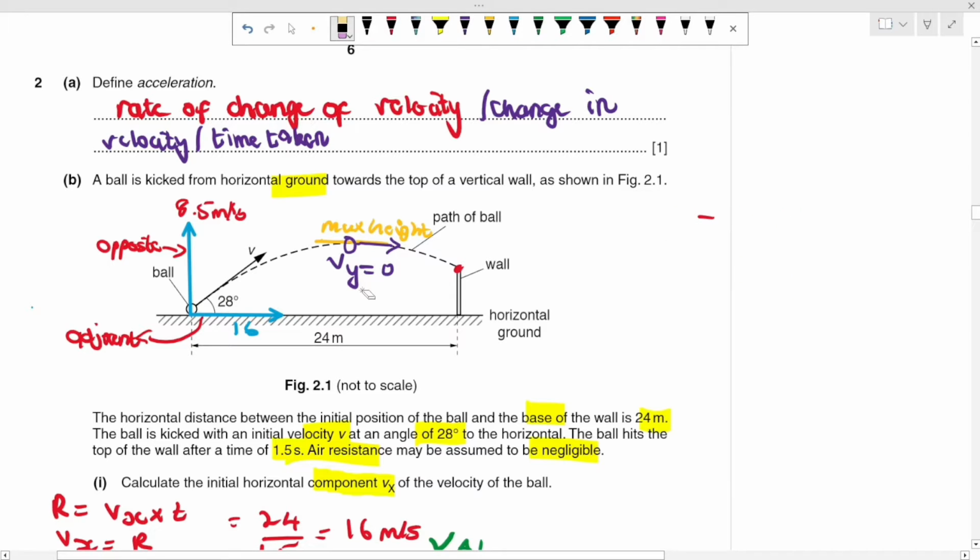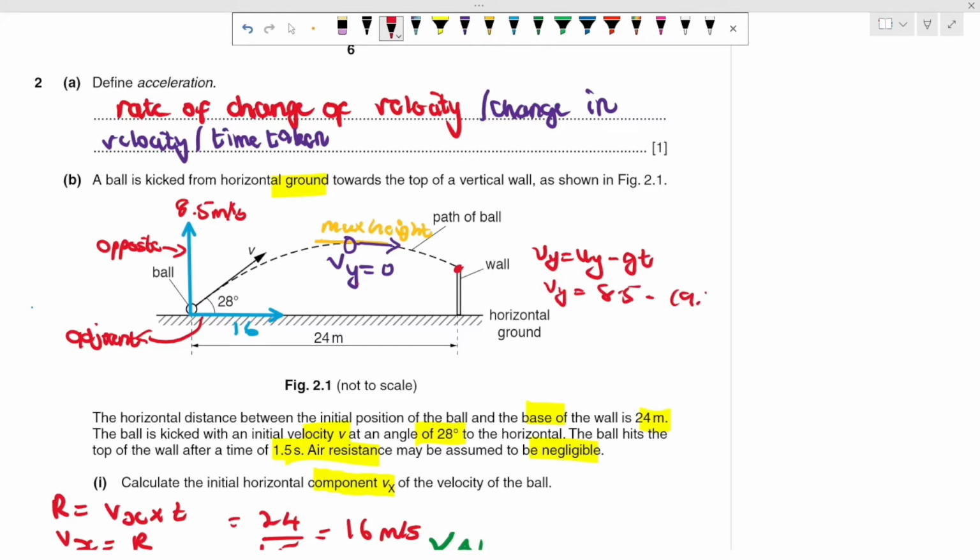So how do I find that velocity? We know that we have our famous equation. Vy is equal to uy minus gt, right? So my Vy will be equal to 8.5 minus 9.81 times the time taken, which is 1.5. So that's basically negative 6.215, right?